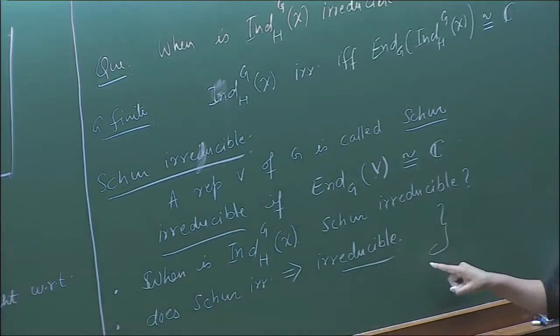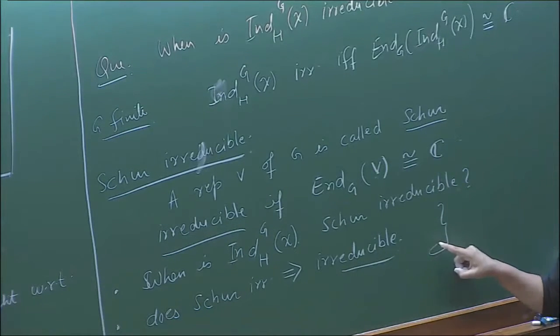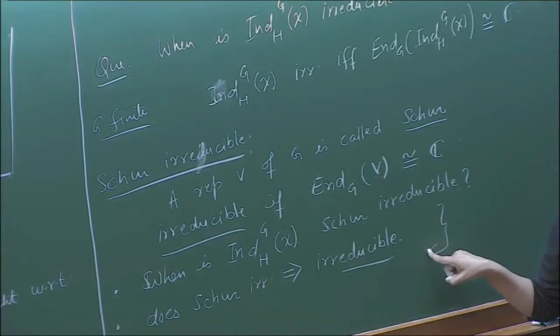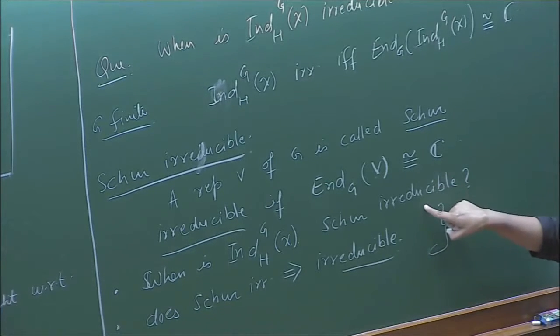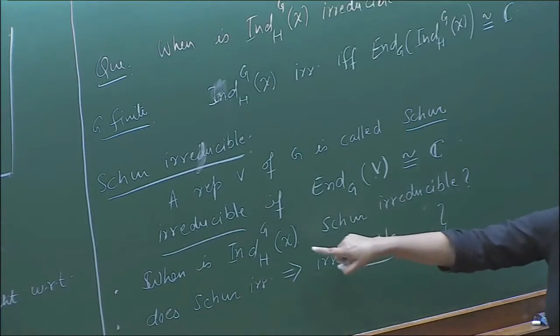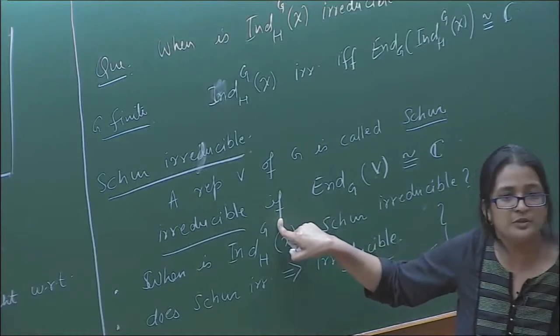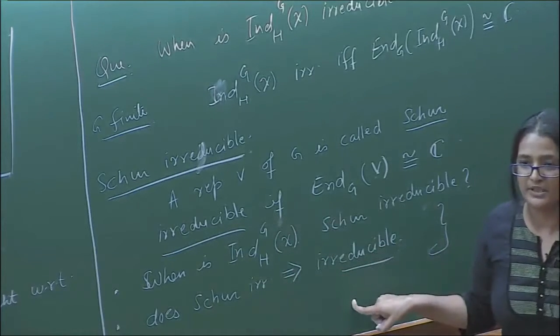The answer of this, we still don't know in general, but for the nilpotent groups and supersolvable groups, we know that this is true. That whenever a representation is Schur irreducible, and it is of the nature induced from a one-dimensional character from a subgroup to G, then it is irreducible.